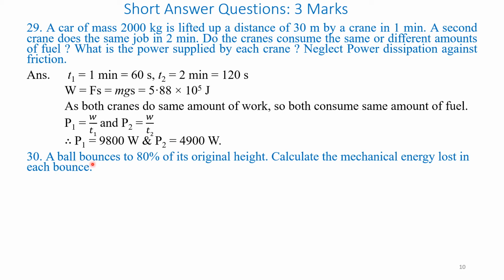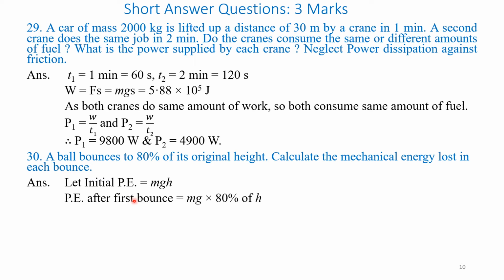Question number 30. A ball bounces to 80% of its original height. Calculate the mechanical energy lost in each bounce. Let the initial potential energy be mgh. Therefore, potential energy after the first bounce is mg into 80% of h, that is equal to 0.80 mgh.